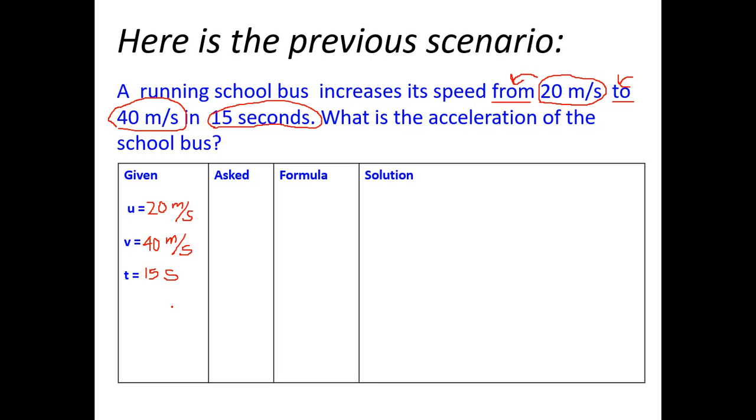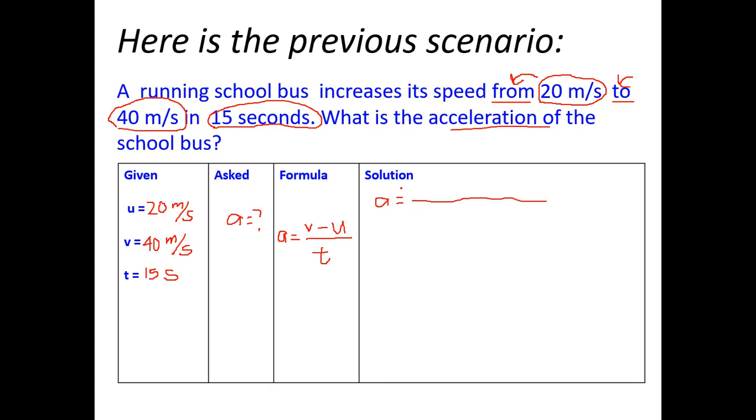Now we have completed the given. Now what is asked in this problem? The problem says, what is the acceleration? So what is asked in this problem is A. Your formula is A equals V minus U over T. Remember, that is your formula. So when you look at your solution, you will have A equal to, here we go.